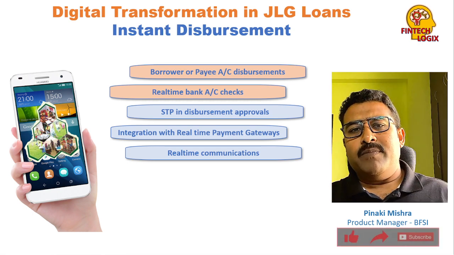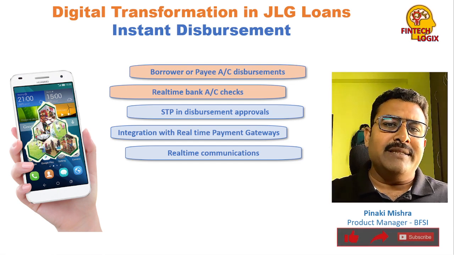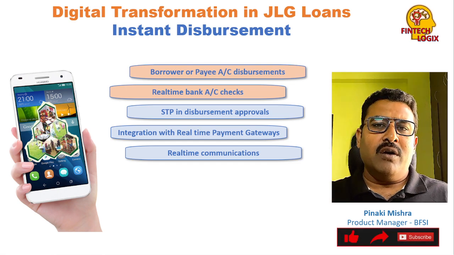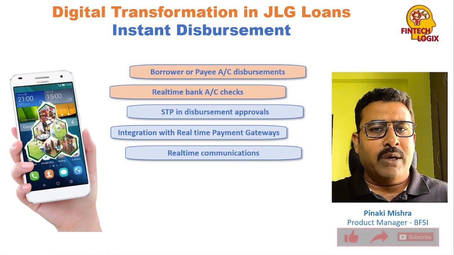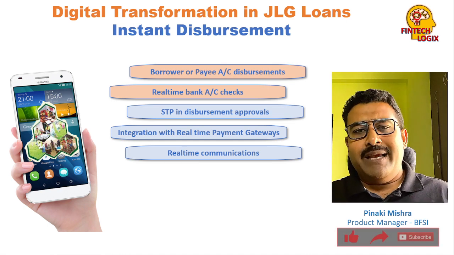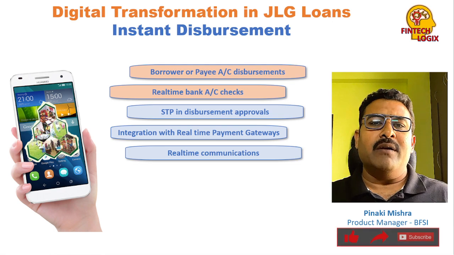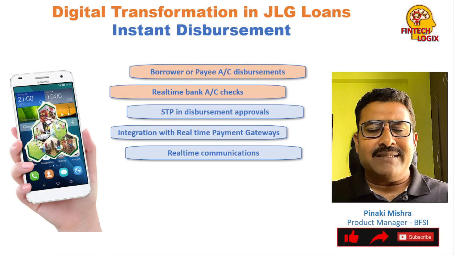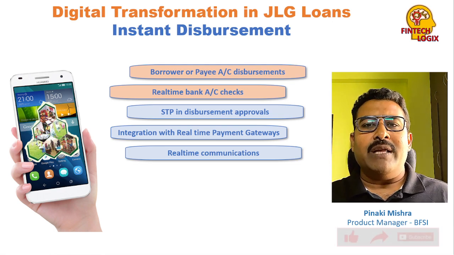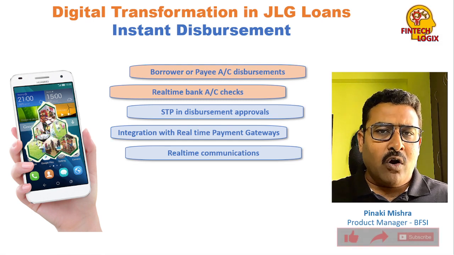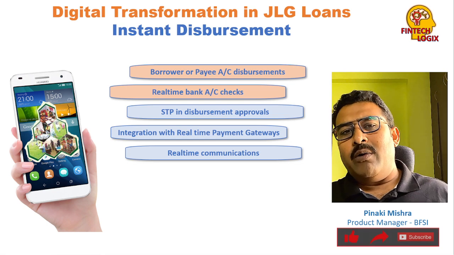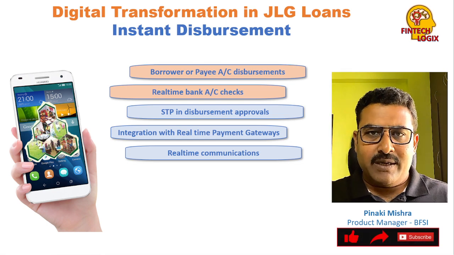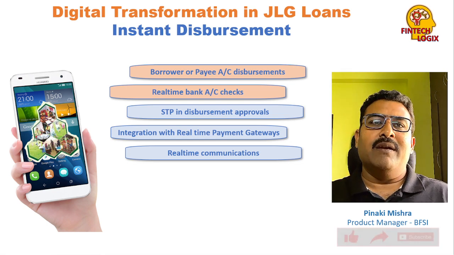So with your rule engine based approach, or with different enhancements of your rule engine flexibility, a set of rules can be run in milliseconds that will ensure that all disbursement norms meet, or the borrower also meets all regulatory terms for disbursement, for making a disbursement.